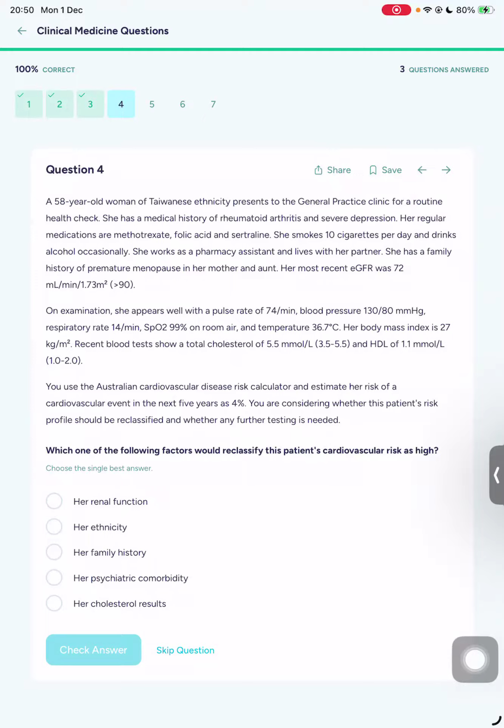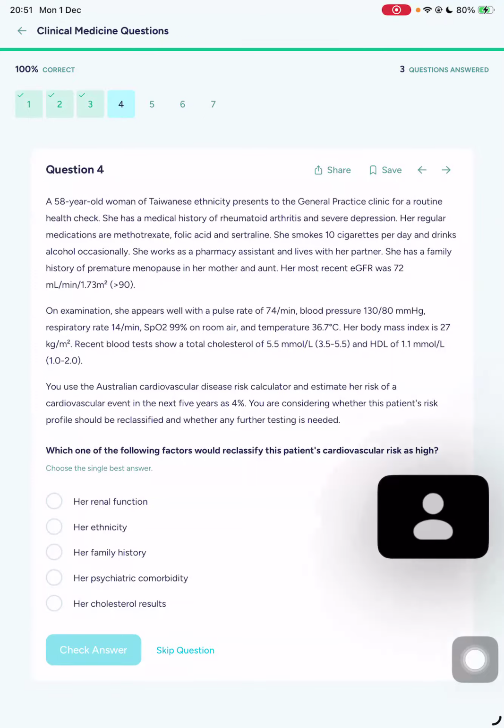You are considering whether this patient's risk profile should be reclassified and whether any further testing is needed. Which one of the following factors would reclassify this patient's cardiovascular risk as high? Remember that reclassify table? What do you think, doctors? Psychiatric comorbidity? What do you think about the answer?